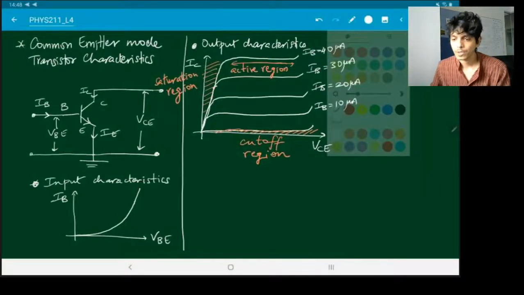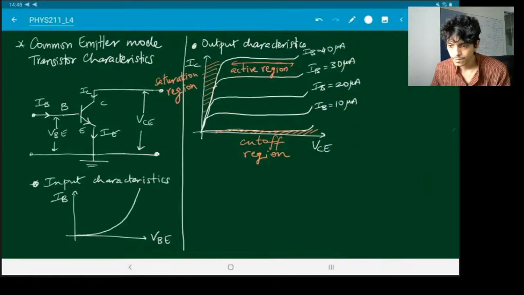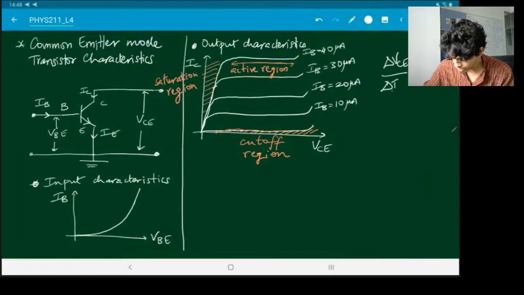What else do I want to cover over here? Right. So as you can see, if I define the change in VCE divided by the change in IC, in the active region, because that is where we are working, this is very large.